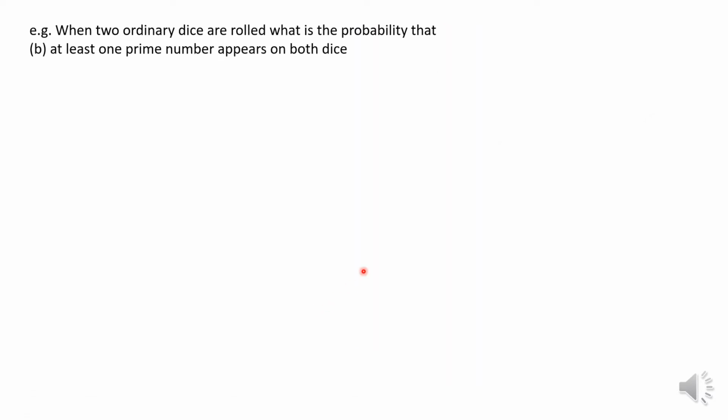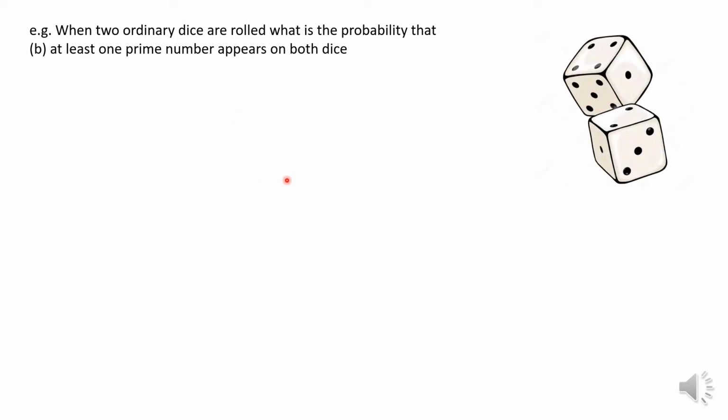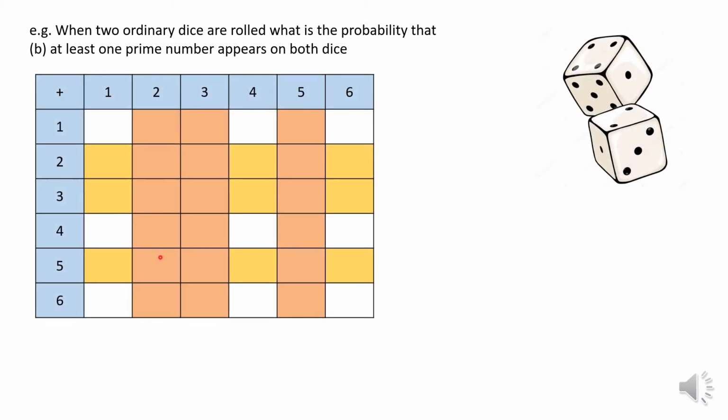To continue with the B part, suppose the question asks you what is the probability that at least one prime number appears on the two dice. I am going to do this question again in this video, using a different approach. What I have done here is work with color codings.